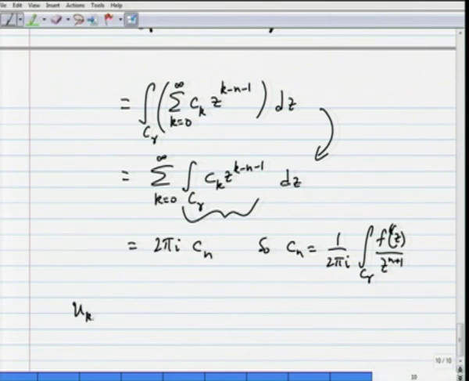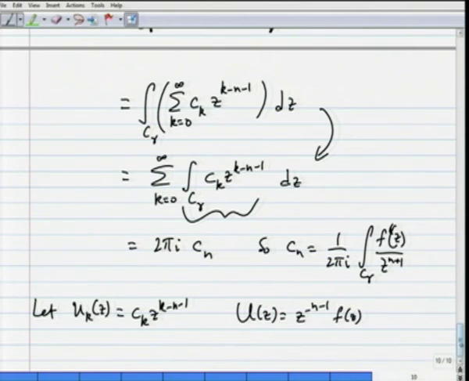Firstly, notice that if I set u k of z equals c k z power k minus n minus 1, and capital U of z is z power minus n minus 1 times f of z, then U of z is equal to sigma k equals 0 through infinity u k of z, on at least z belonging to C r star.